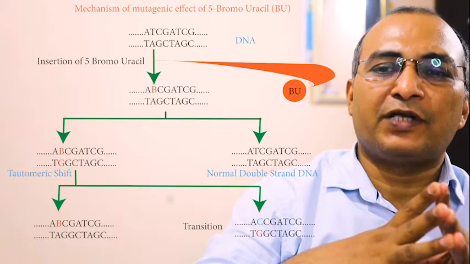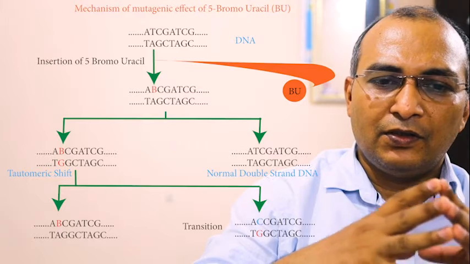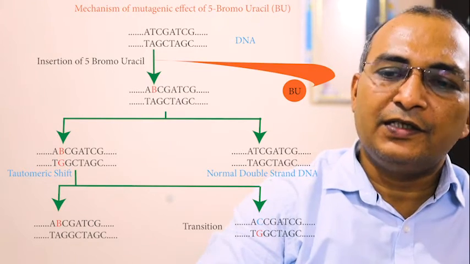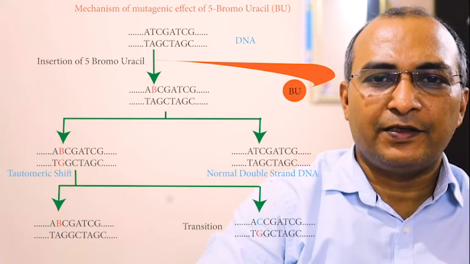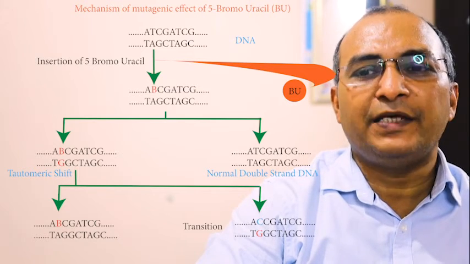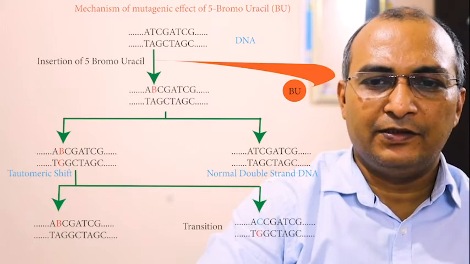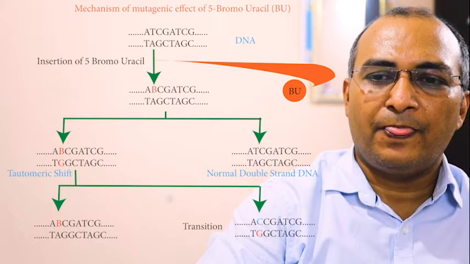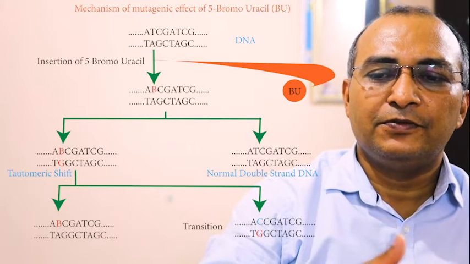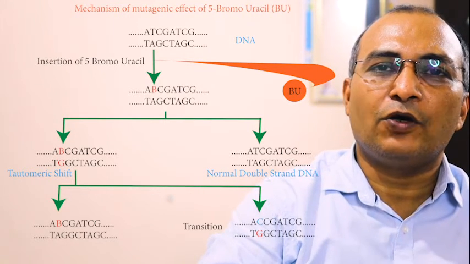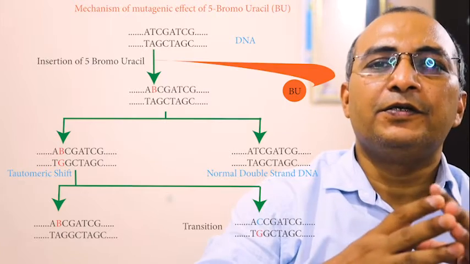These transition mutations result in mispairing of bases of nucleotides during the replication, and such mispairing gives rise to point mutation.